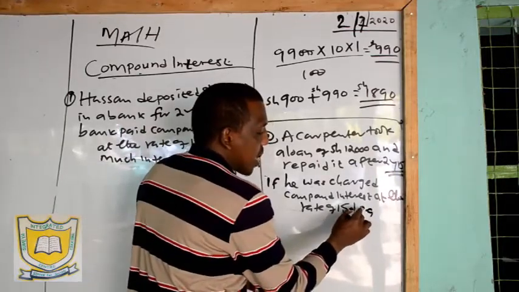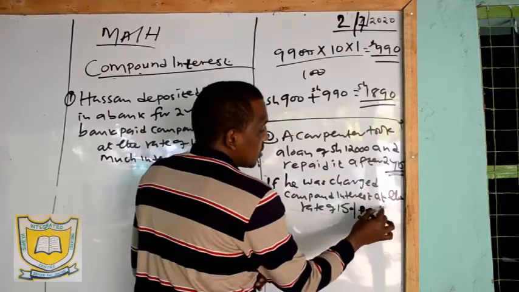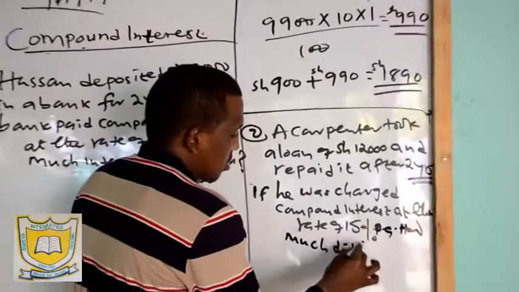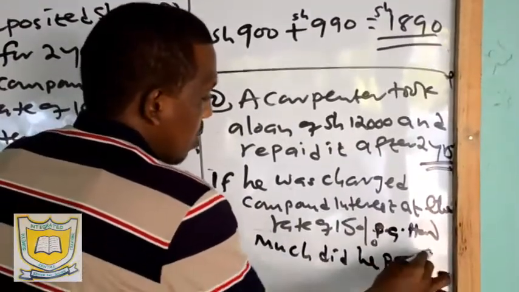Per annum means per year. How much did he pay?